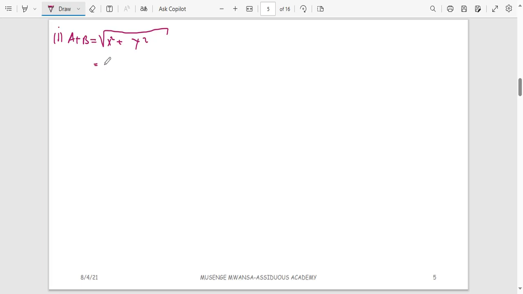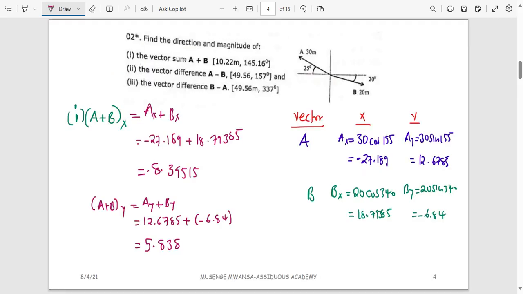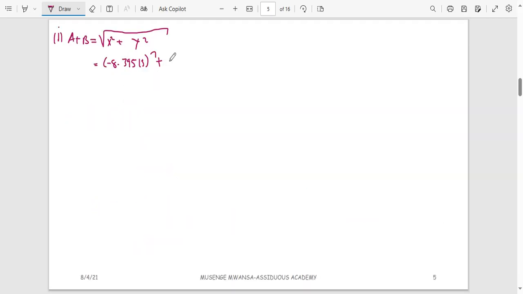So the x component we found is negative 8.39515, square that, plus the y component 5.838, you also square that, and you square root it.